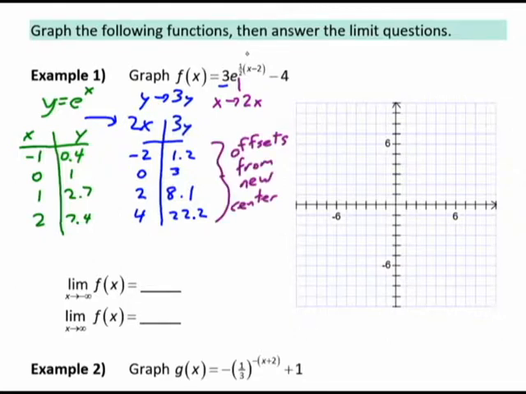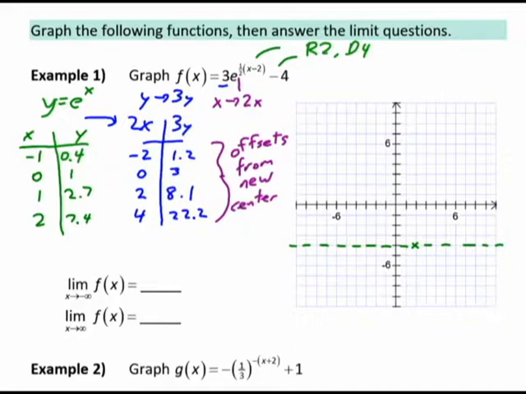To find the new center, I look at the shifts. At this point, draw the asymptote. Remember that all exponential functions have a horizontal asymptote that passes through the new center.